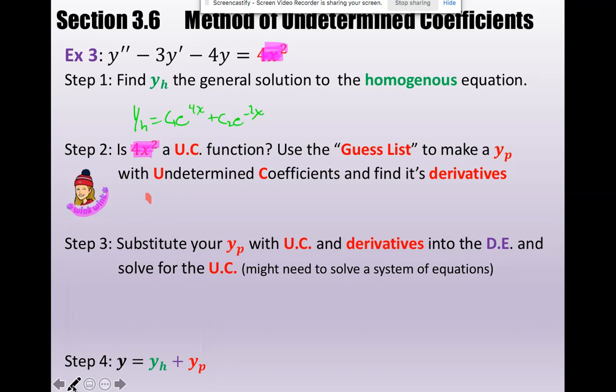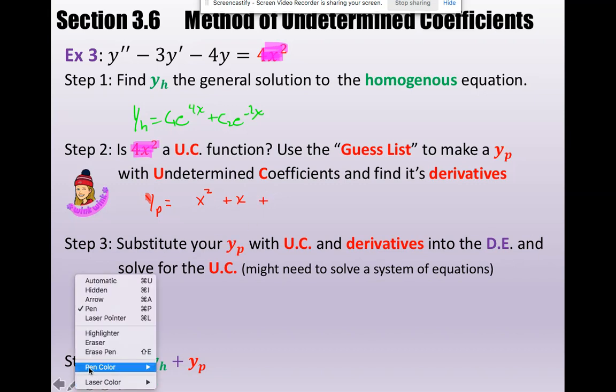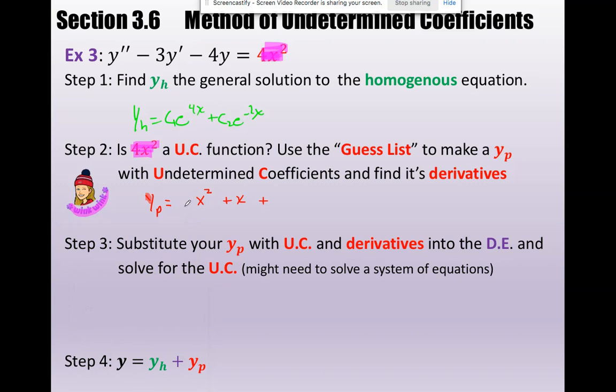So my guess for the particular solution is a quadratic: A x squared plus B x to the first plus a constant C. My undetermined coefficients are A, B, and C. Okay, think about again what we're doing.